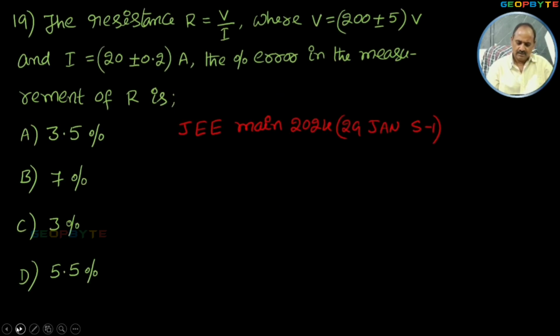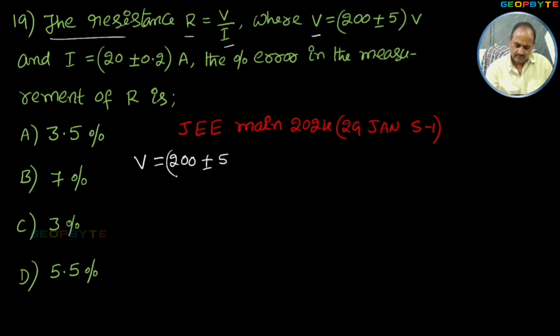Similarly, look at another important question. It is asked like this. The resistance R equals V by I. V is given: V equals 200 plus or minus 5 volts. Current I equals 20 plus or minus 0.2 amps.